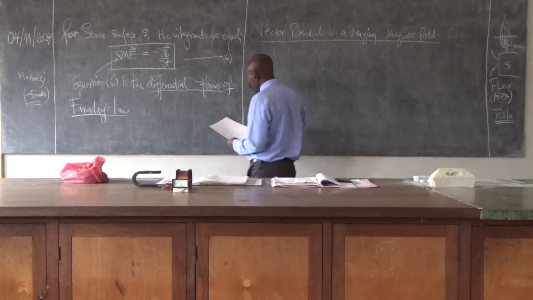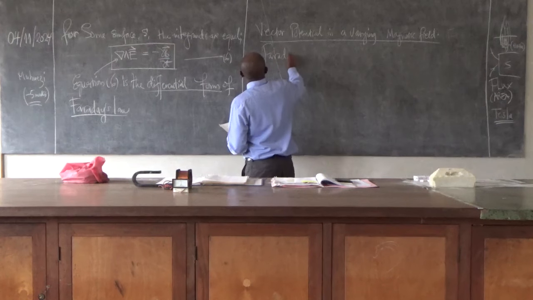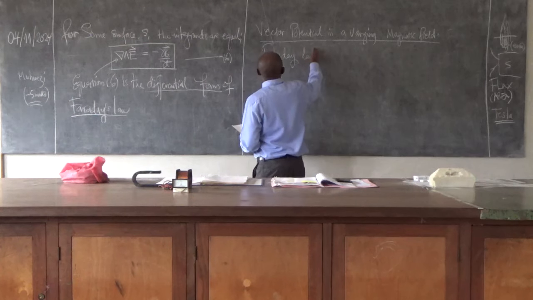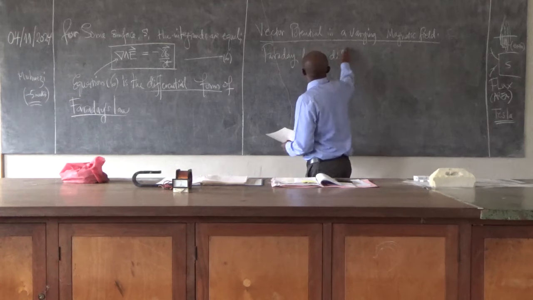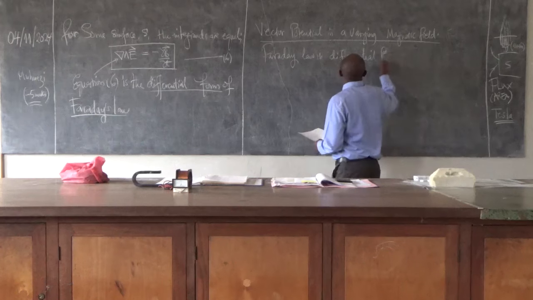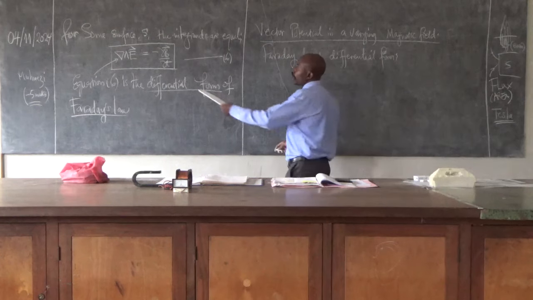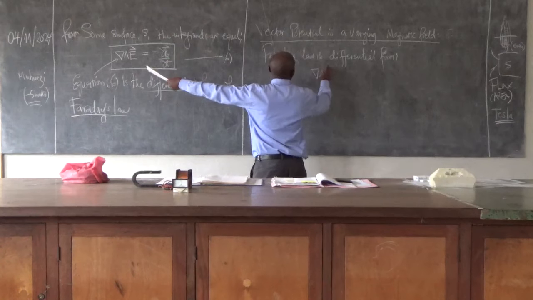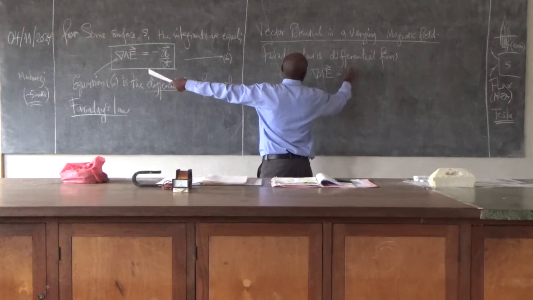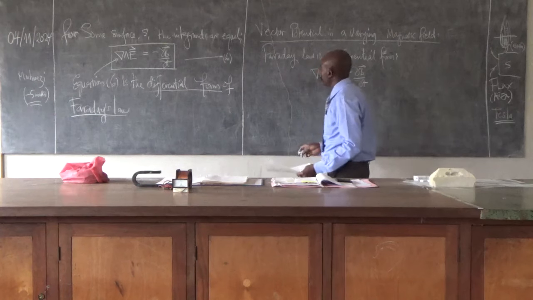Faraday law in differential form says that the curl of E equals minus ∂B/∂t.